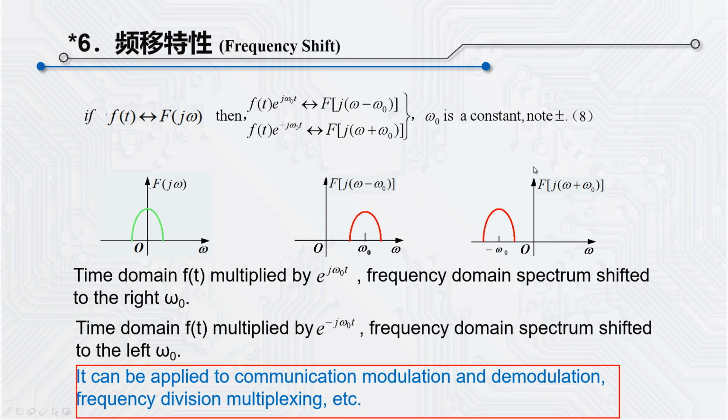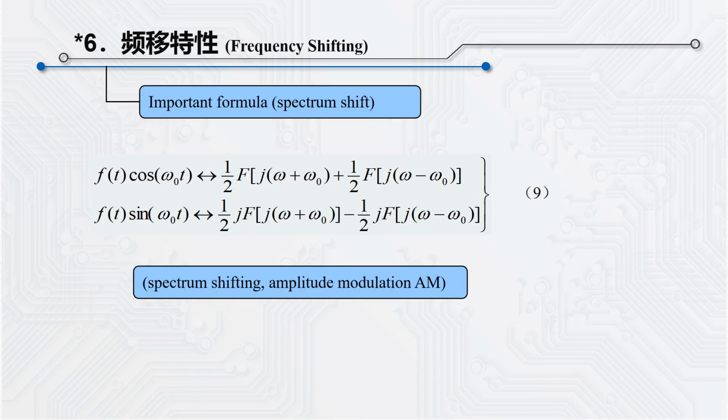In engineering, frequency shift can be applied to the modulation, demodulation, and frequency division multiplexing of communication systems. When we study frequency shift, there are two very important formulas you should master: f(t) times cosine omega 0 t and f(t) times sine omega 0 t.